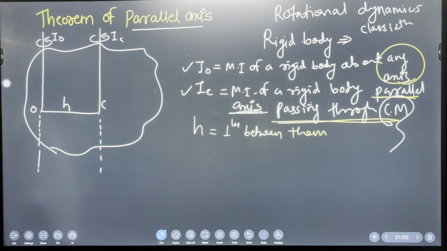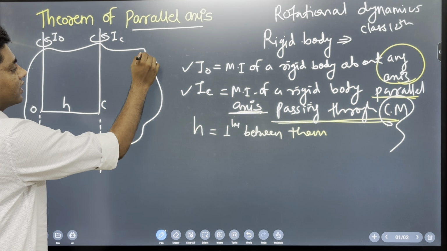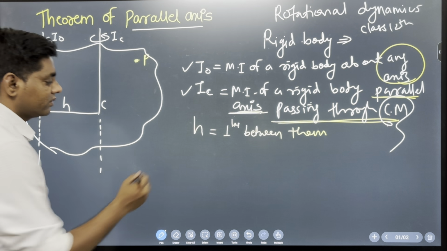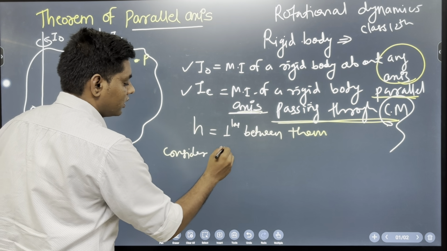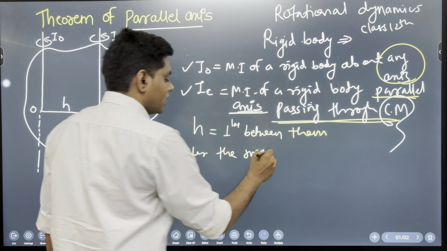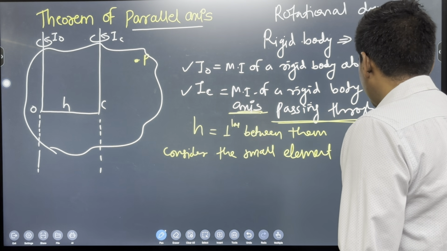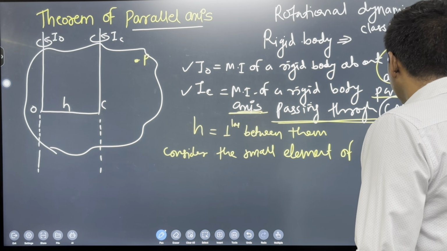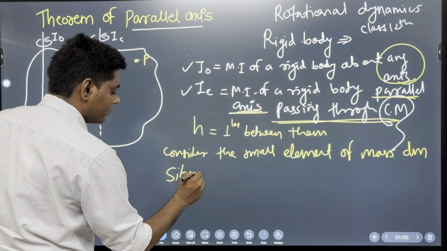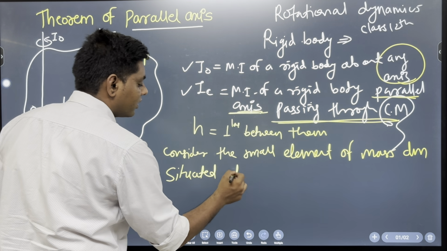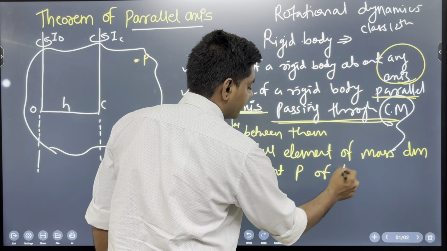Next, the most important step: we consider a small element of mass dm situated at point P of the body.